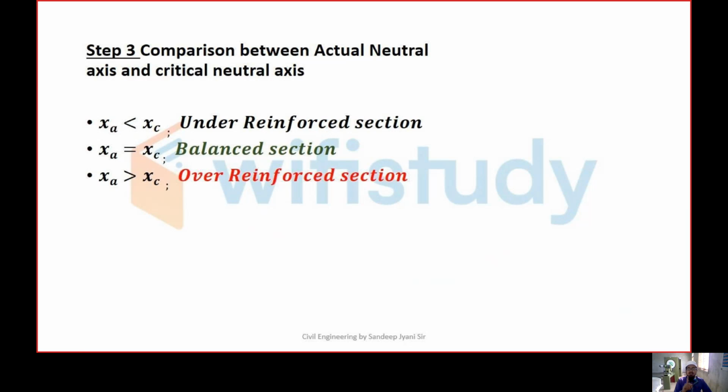And in a balanced section, the neutral axis lies on the same line where the critical depth of neutral axis lies. And in an over reinforced section, the reinforcement became over, so the actual depth of neutral axis goes below the critical depth of neutral axis. That means it exceeds the critical depth of neutral axis.